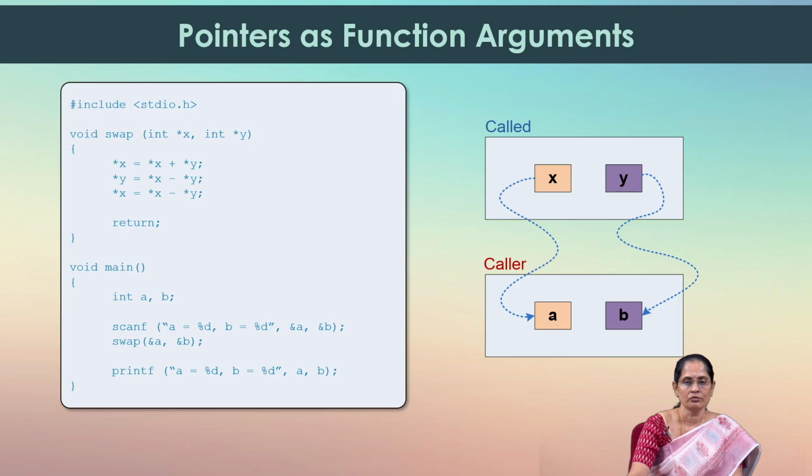We can also pass pointers as function arguments. We have already seen one example of passing pointers as function arguments, but still we will learn in depth about passing pointers as function arguments. Okay. Let us take an example of swapping the values of two variables. Let us name the variables x and y, right.